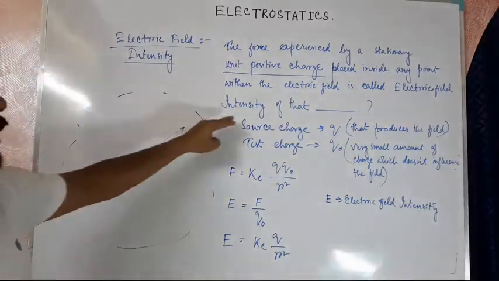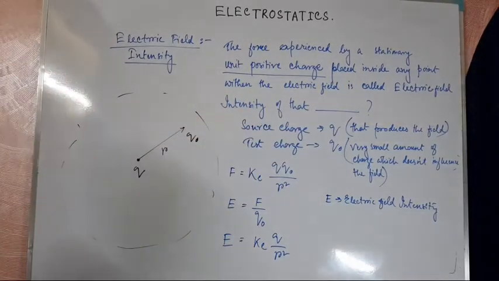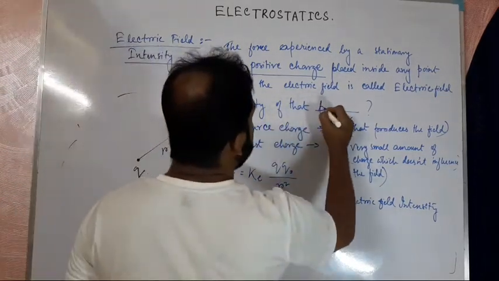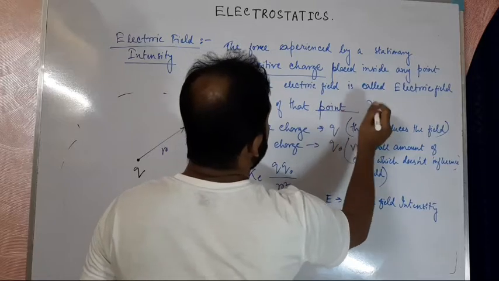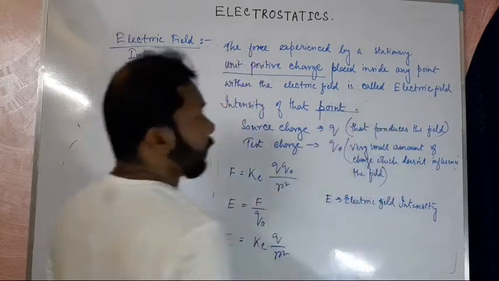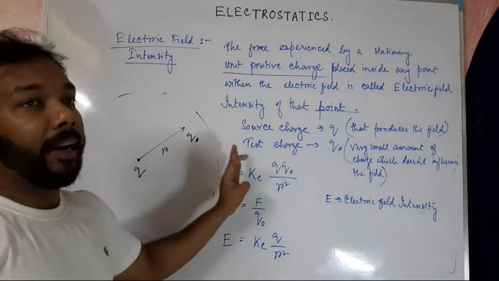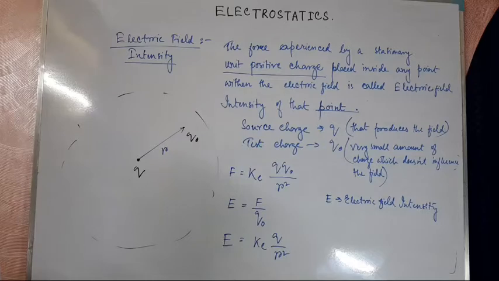That means in this blank we can write the electric field intensity of that point where the test charge was placed. So the electric field belongs to the point within the electric field.